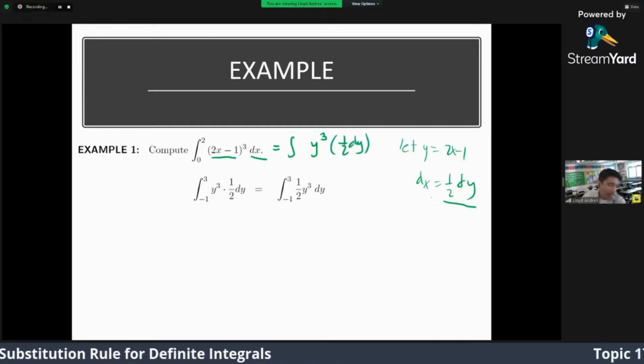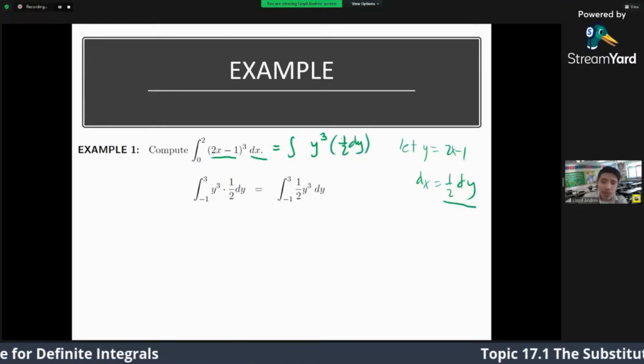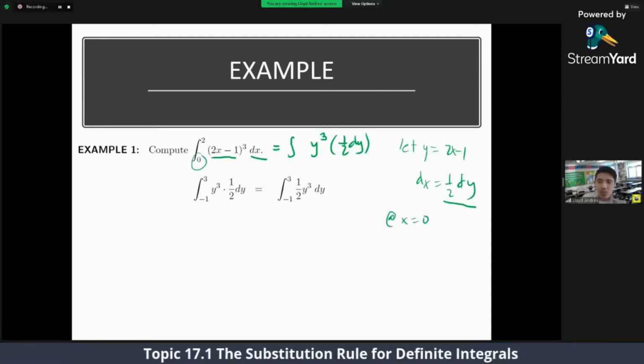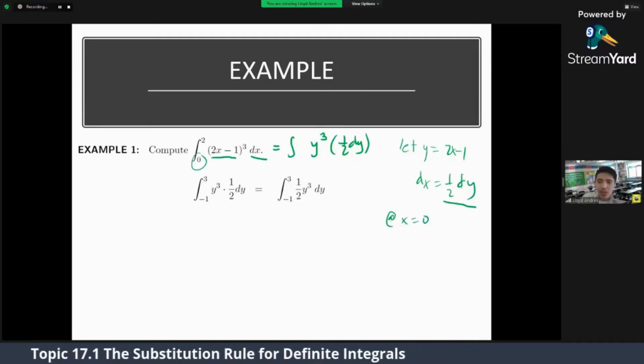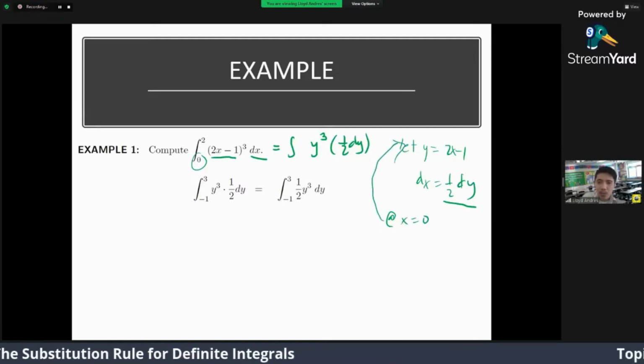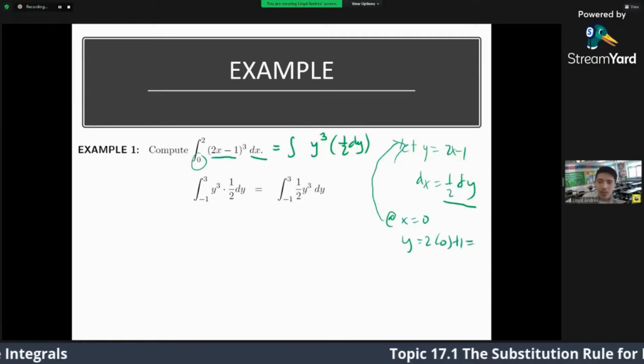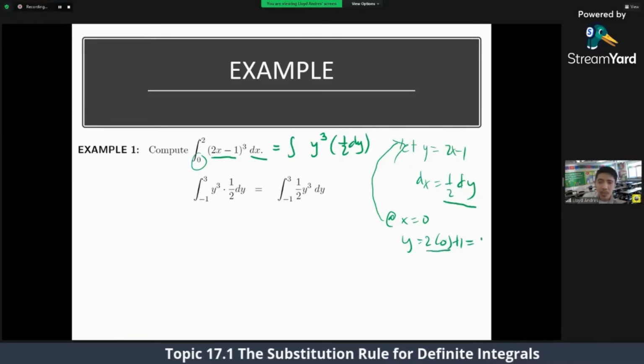After that, we substitute the limits. At x equals 0, we substitute into our let: y equals 2 times 0 minus 1, which is negative 1.